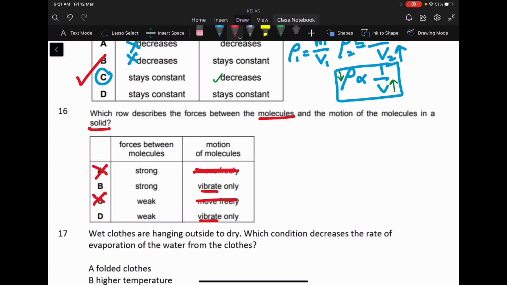You can just remove them. So B or D. B, forces between molecules strong. Yes, they are in a lattice, close to each other. I hope you understand the meaning of lattice. You learn that in chemistry, right? They have strong bonds to each other, so that's a lattice.